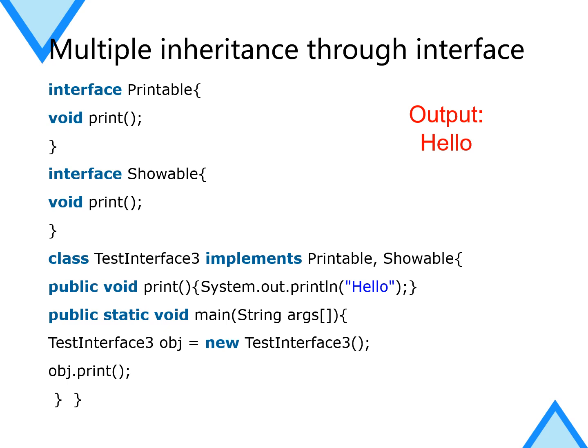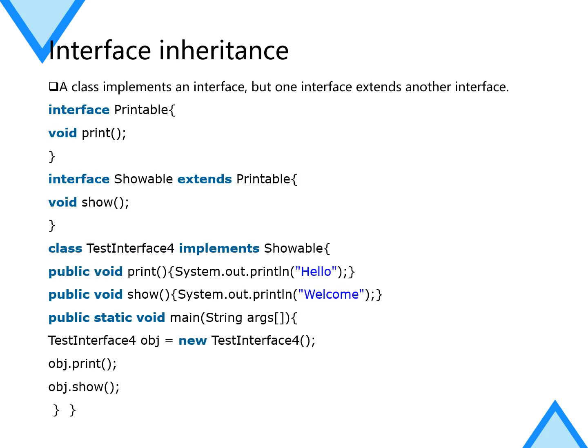The output comes from the implementation, so there is no ambiguity and there will be no compiler error in case of interfaces. If we use classes Printable and Showable, then we will receive a compiler error because the implementation is also given in the class. But here the implementation is by the class, not by the interface itself.